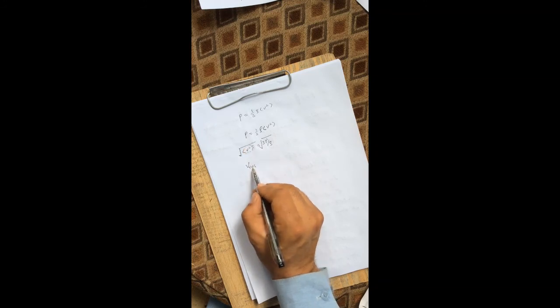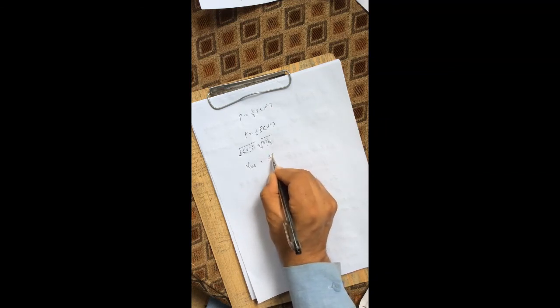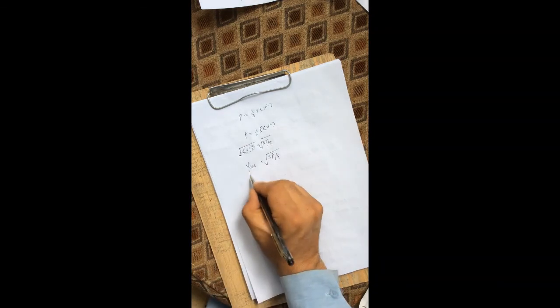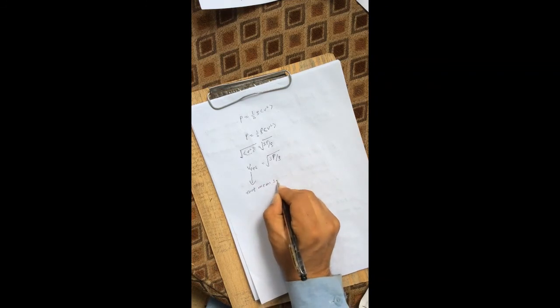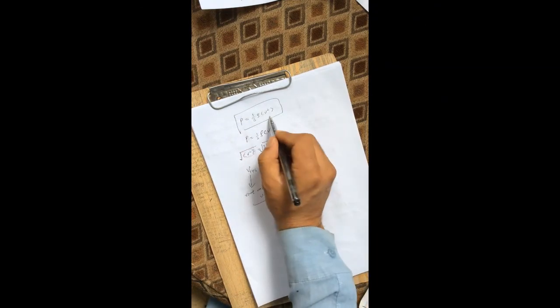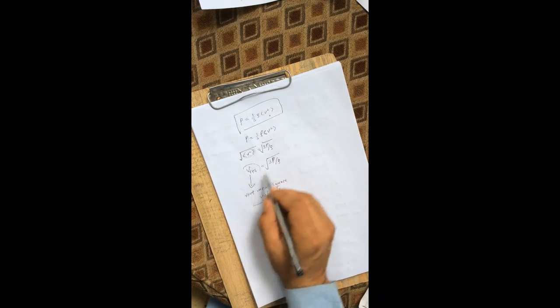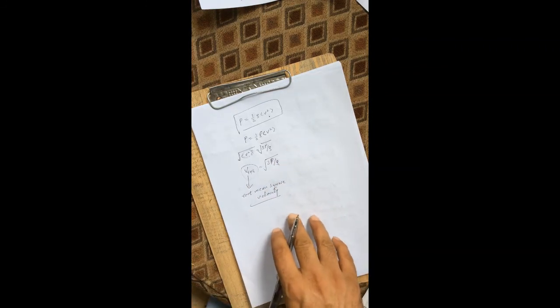So it gives us the root mean square velocity, which is the square root of 3p over rho. So we have calculated the pressure in terms of mean square velocity, and we have also calculated the root mean square velocity in terms of pressure and density. So this is all about the kinetic theory of pressure on the basis of the kinetic theory of gases.